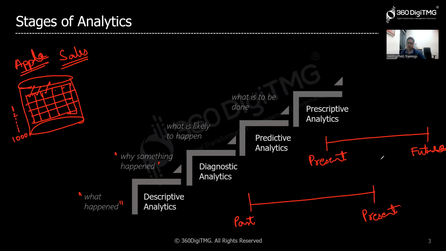But based on your predictions, you might want to play around with the business levers. For example, if the predictions say that sales of iPhone are going to drop, or are not going to reach your benchmark, then you might want to increase the marketing spend.